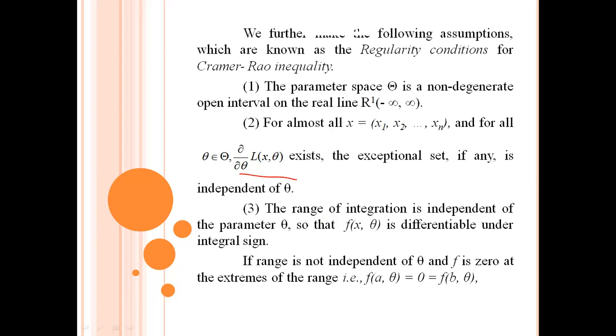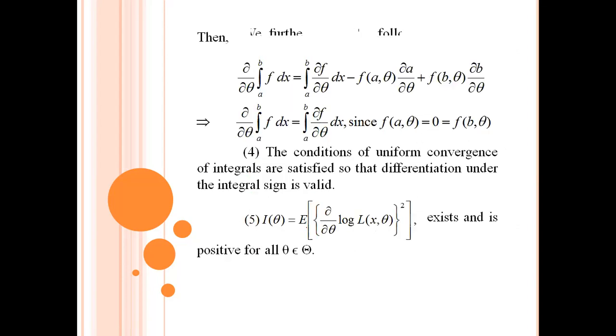If the range is not independent of theta, then we use the equation dou by dou theta integral a to b f dx equals integral a to b dou f by dou theta dx minus f of a comma theta dou a by dou theta plus f of b comma theta dou b by dou theta. Since a and b are independent of theta, these two terms become 0. Then we have only dou by dou theta integral a to b f dx equal to integral a to b dou f by dou theta dx.